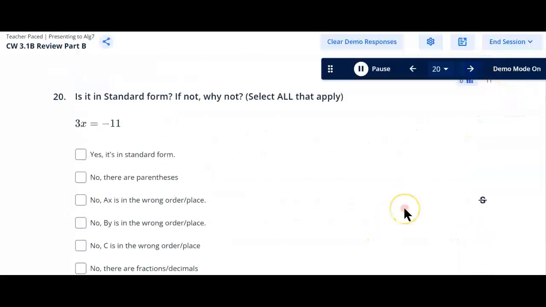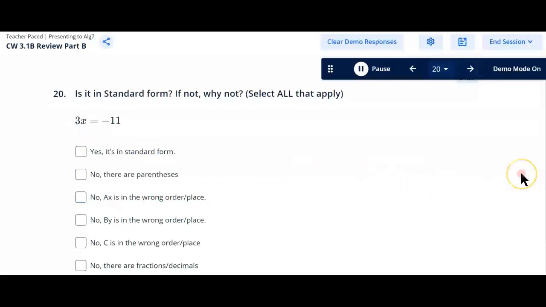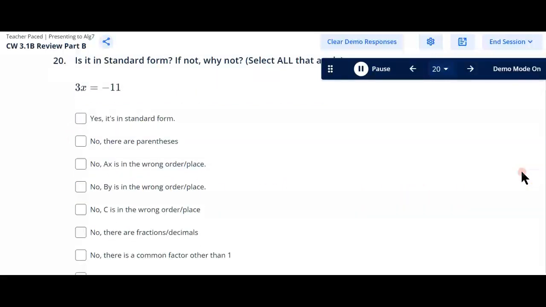I think this is the last one of the set. Is this in standard form? Oh, actually, there's one more after this.